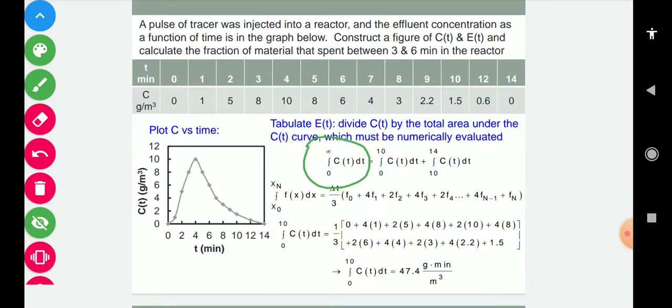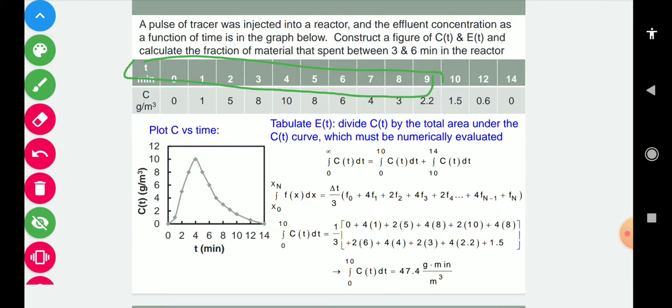As you can see in this table here, from 0 to 10 the step size is 1, but from 10 to 14 the step size is 2. So to integrate that you have to bifurcate this entire data into two parts.